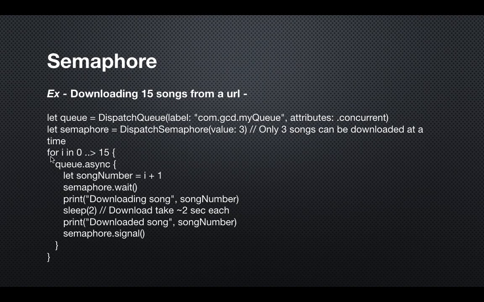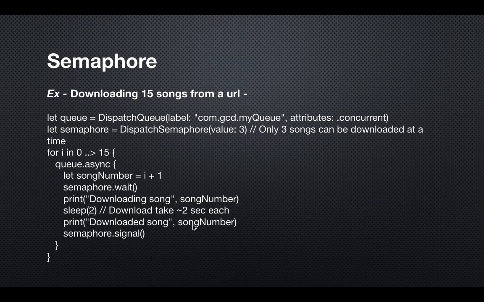So we'll create a for loop, and in an asynchronous block we will be downloading the 15 songs. Let song number be i plus 1, then semaphore wait. So first semaphore wait, and then print downloading song number, and sleep for 2 seconds, because it takes 2 seconds to download each song.